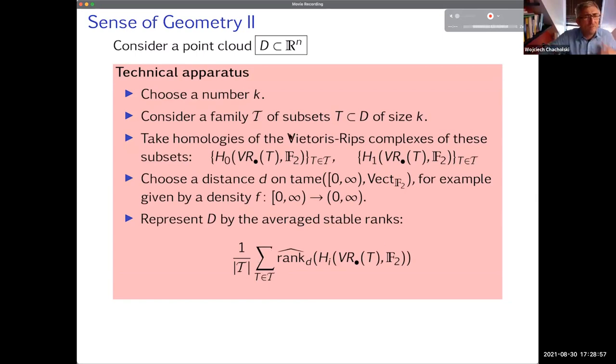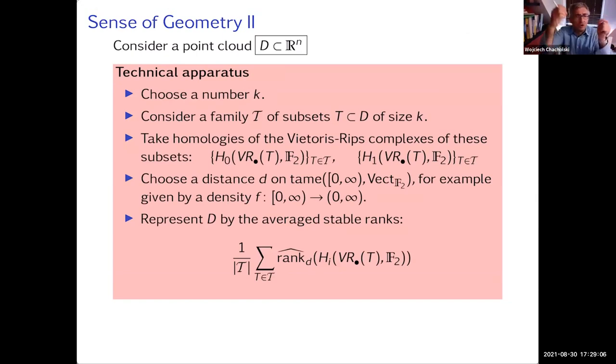Here's my interpretation of this. If you have some data D, of course, we can represent this globally. We can look at all distances between these points, but maybe equally efficient or better is to look at all possible subsets of 10 points and only consider distances between these 10 points.